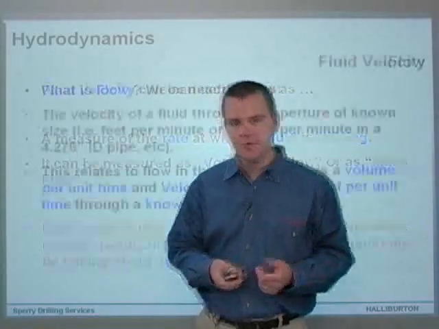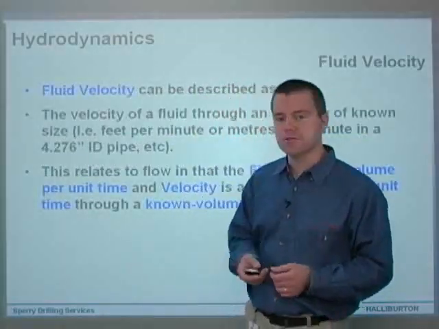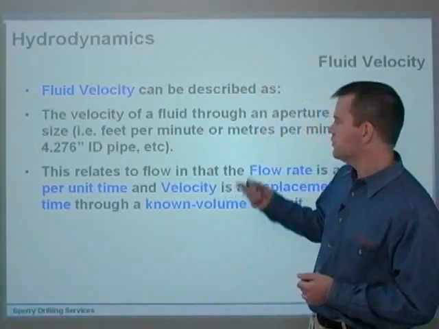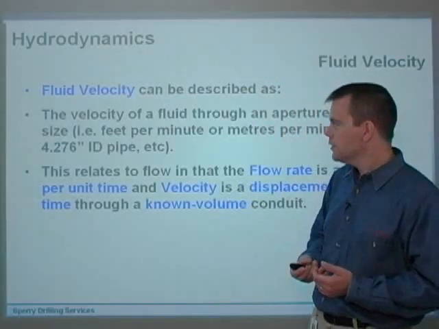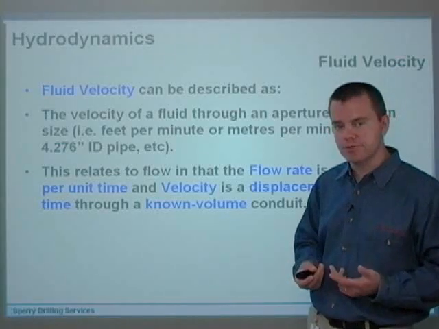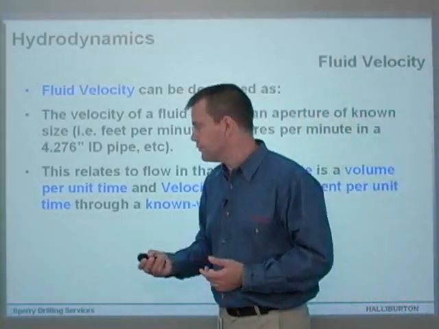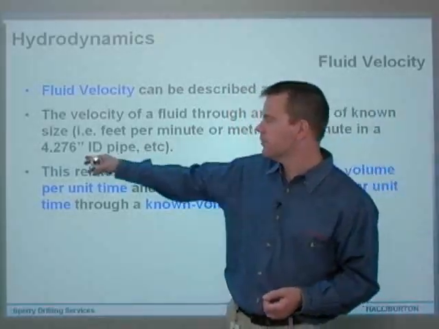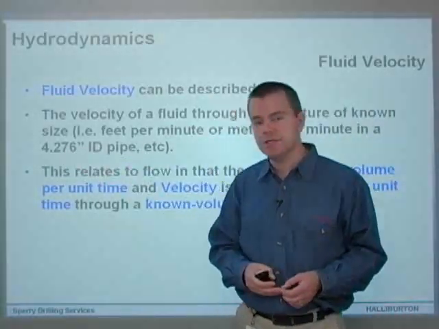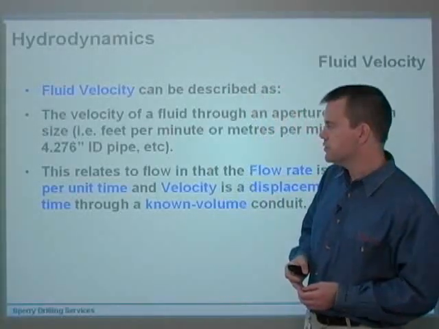Now, fluid velocity is related to flow, and it can be described as the velocity of a fluid through an aperture of known size. An aperture of known size in our industry could well be the inside of, say, a 5-inch drill pipe, which has a known ID of 4.276 inches.